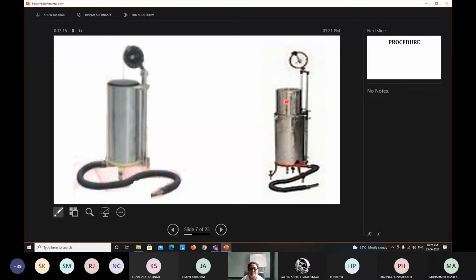The bell is very lightweight. It should move whenever the person is breathing through this corrugated rubber tube. The lower portion is connected to the outer cylinder. There is one more cylinder inside it in which the air will be filled when you are blowing through this, and that makes the bell move up and down according to the breathing you are doing.